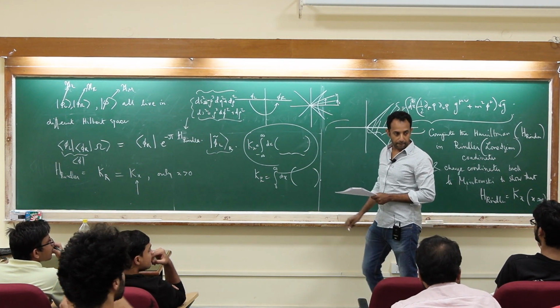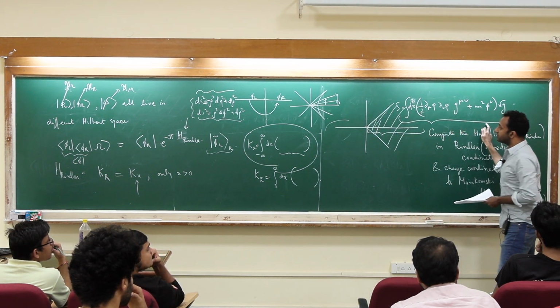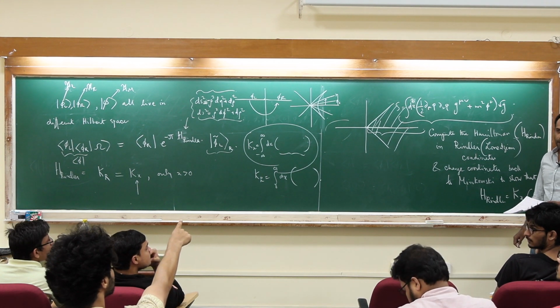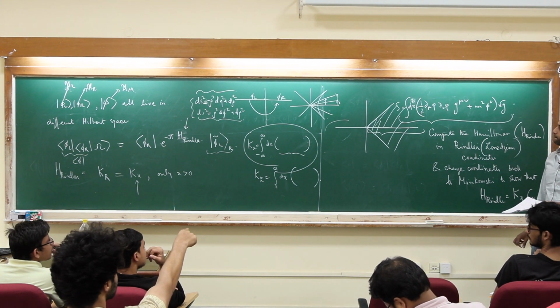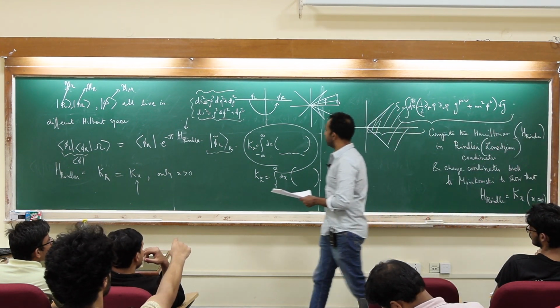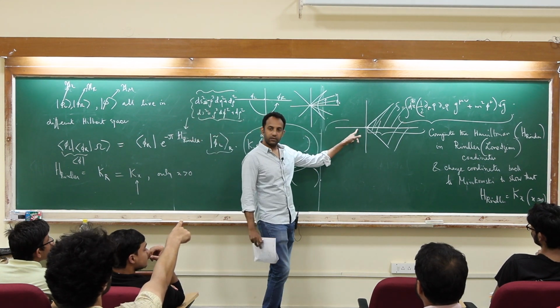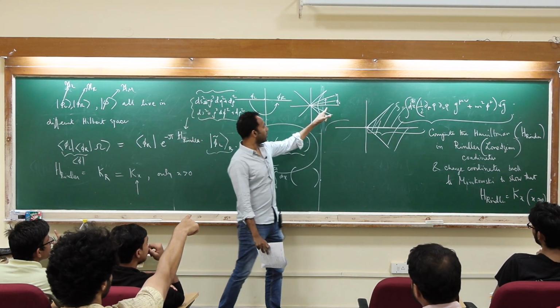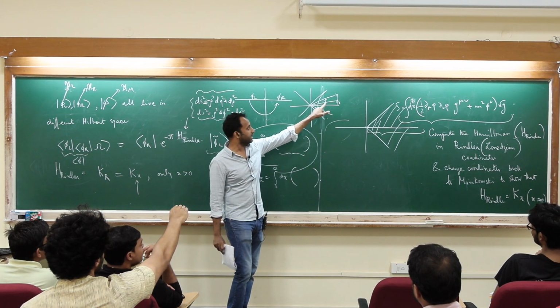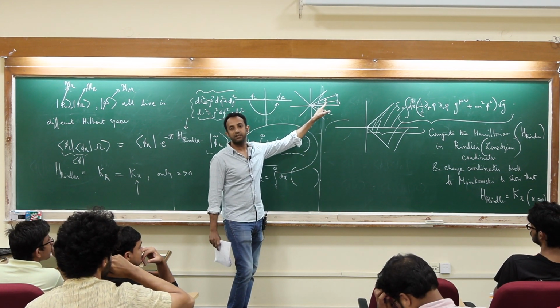But we did evolve only in Rindler coordinates. Yeah, the Hamiltonian is basically a Rindler Hamiltonian, right? I went from t equal to 0, let's say, to a time in the future. T equal to 0 means you're now talking about Minkowski. Here I'm just talking about evolution along eta on the right side.